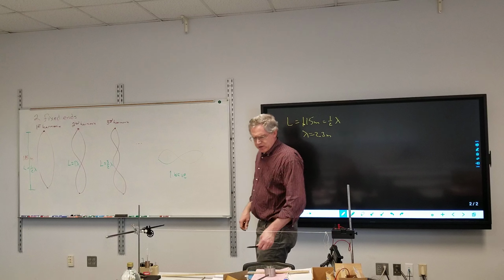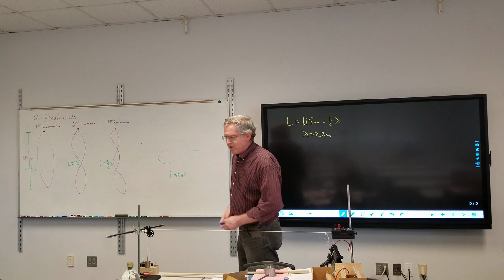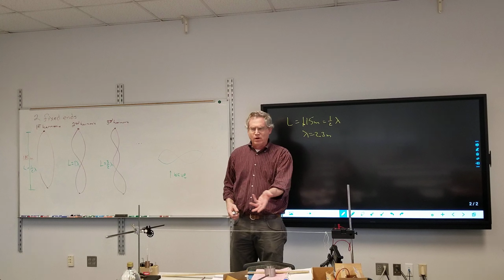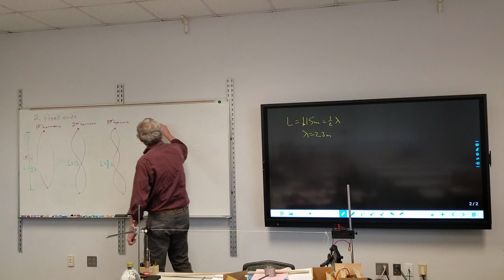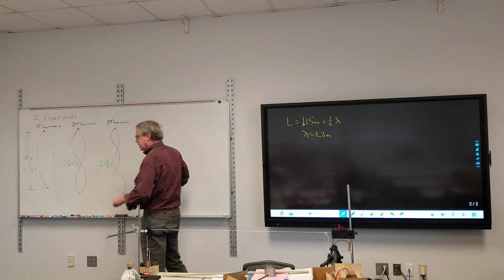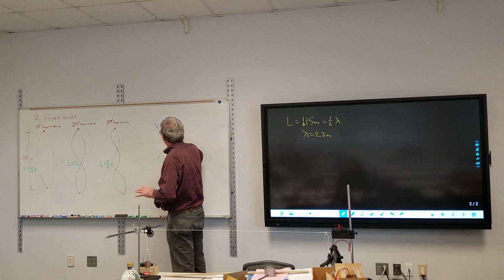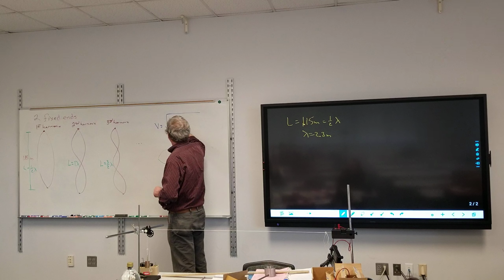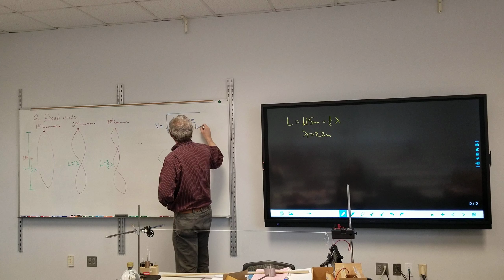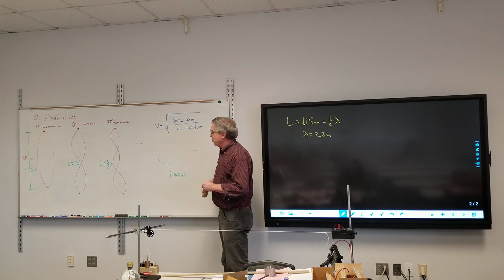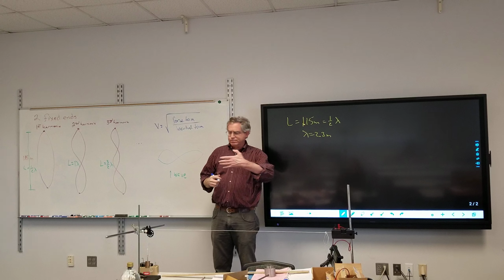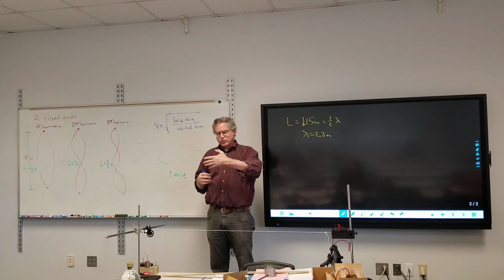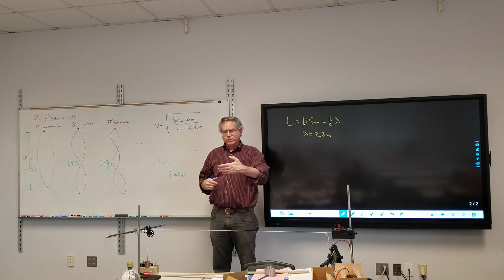So we have an equation for the speed of a wave traveling along, in essence, a one-dimensional medium. Actually, I'm going to give you the generic first. The speed of a wave typically is some sort of force term over some sort of inertial term. And what I mean by that is the force term is how much influence does one particle exert on the one right next to it.